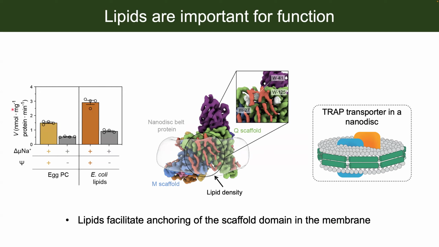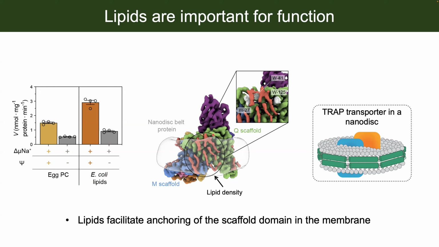Now, one of the experiments that Maria Francesca and Cesare did was to compare the activity in proteoliposomes that have egg lipids versus E. coli lipids. And they showed that when the E. coli lipids are present, you get much more activity. And of course, when we're looking at this density, these really do look like lipids.